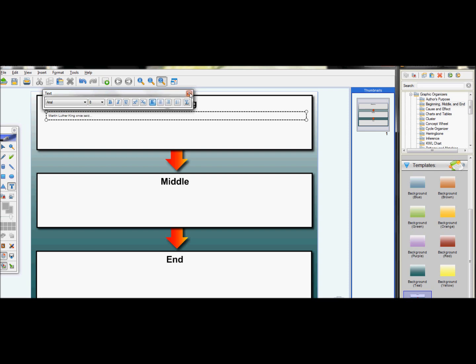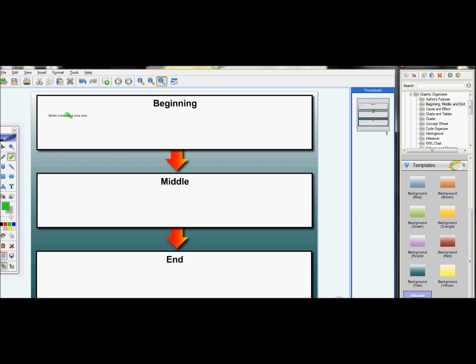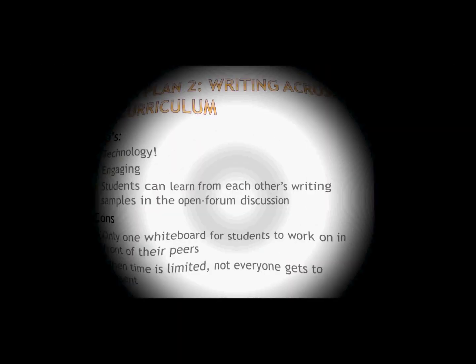And the nice thing about this feature, again, is we can put this in a constructive criticism format where the students can critique each other's work, and any mistakes that are found, we can go ahead and highlight and make note of it and save it, and then we have documentation of this again.